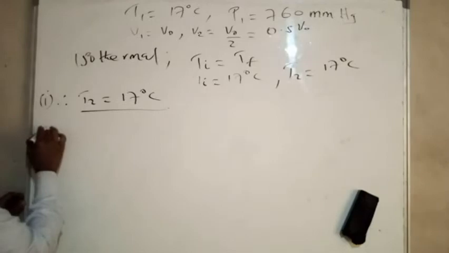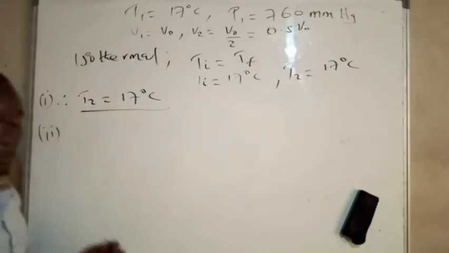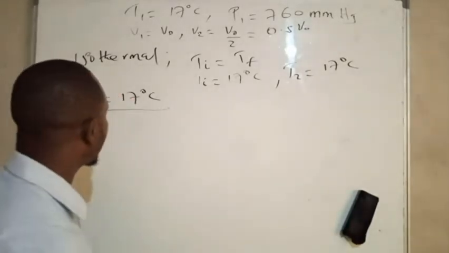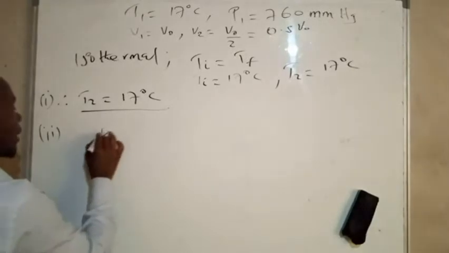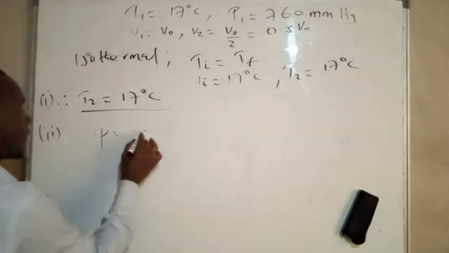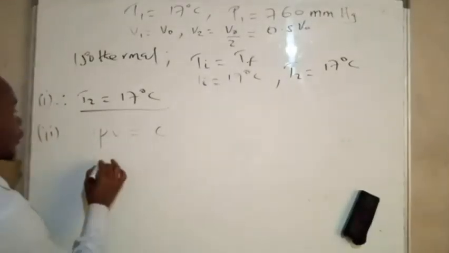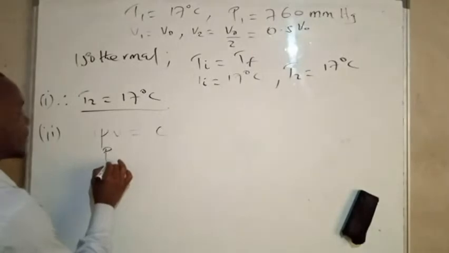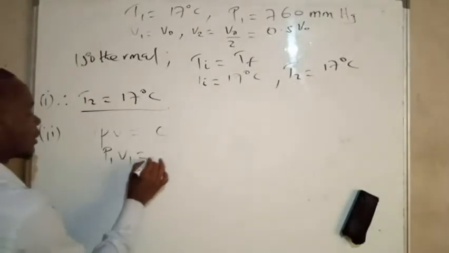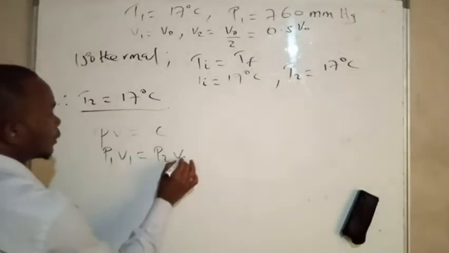Now, the second part wants us to find the pressure, of which we know that the pressure and volume, the PV, must be constant. If this be true, it holds that P1 V1 is equal to P2 V2.